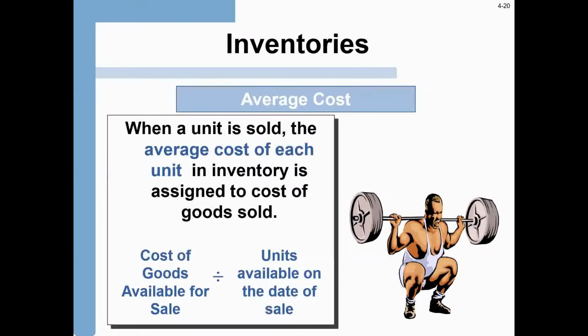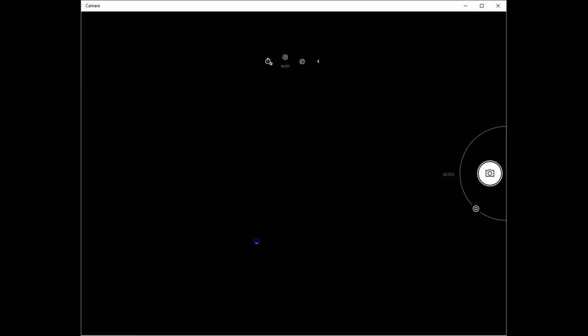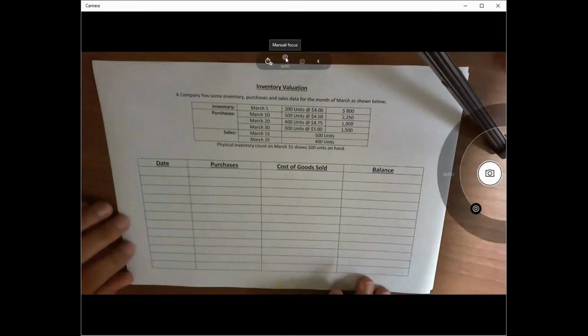So let me switch to another screen so that you can see the example which we will need to solve over here. You can see this example we are going to solve today in order to understand the inventory valuation techniques and the effect of valuation on the income statement and balance sheet.